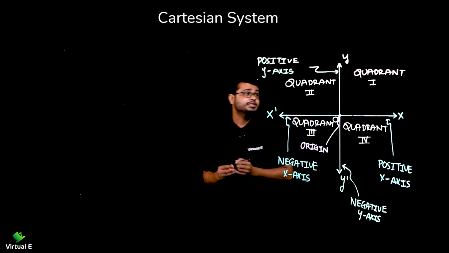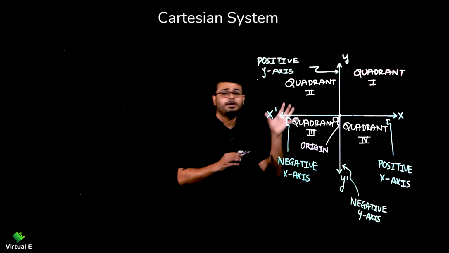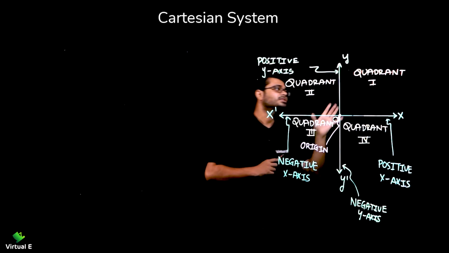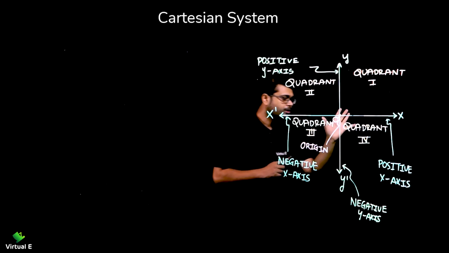So it is divided into 4 equal parts, and those small parts are called quadrants.